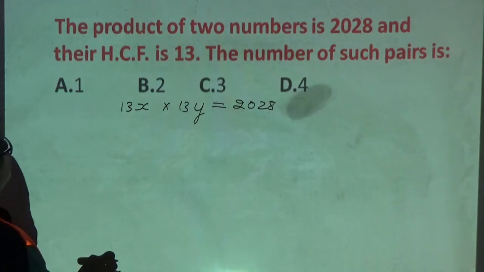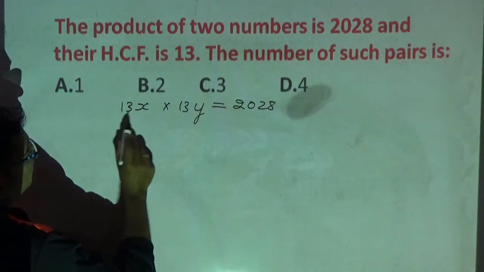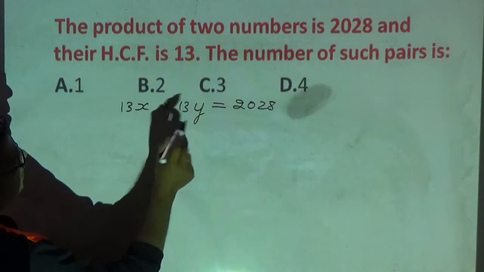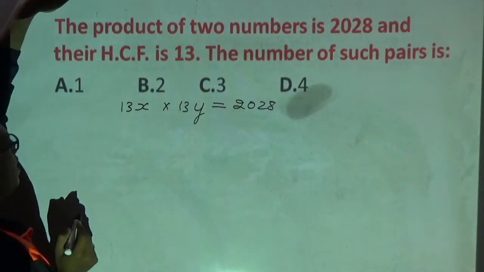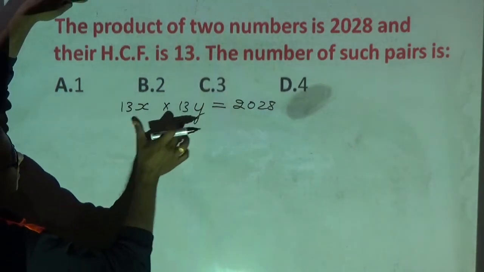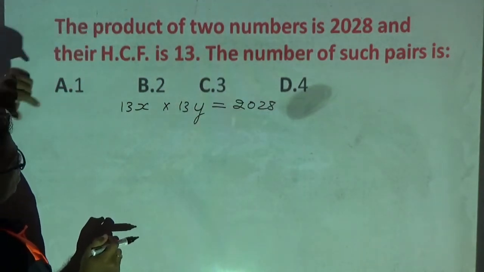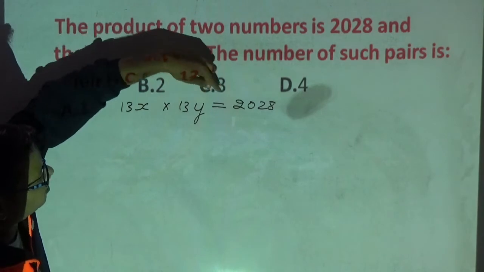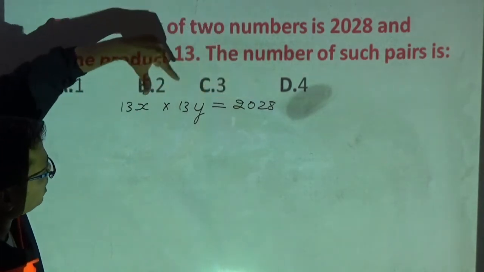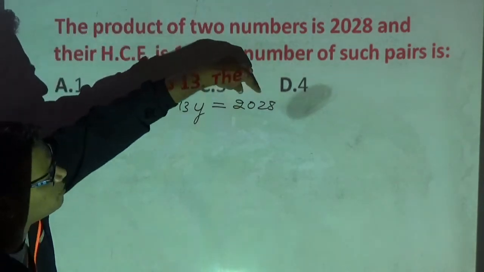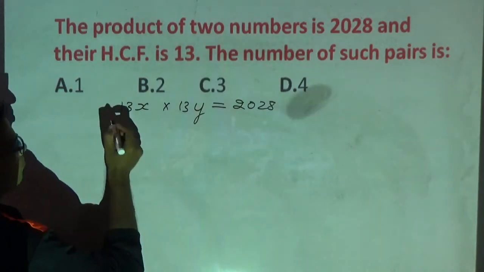Now for such kinds of numbers, how many pairs of numbers exist? What they are saying: the product of two numbers is 2028, their HCF they have given as 13. Now, if I get the product as 2028, how many pairs of numbers are there which give this product, they are asking.